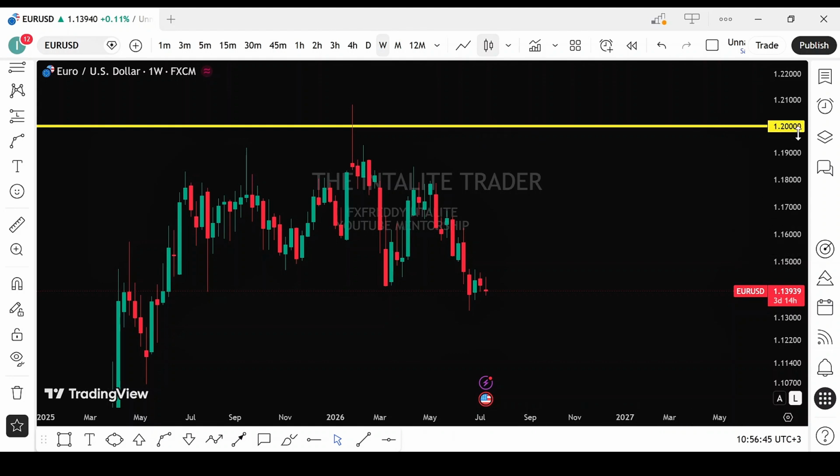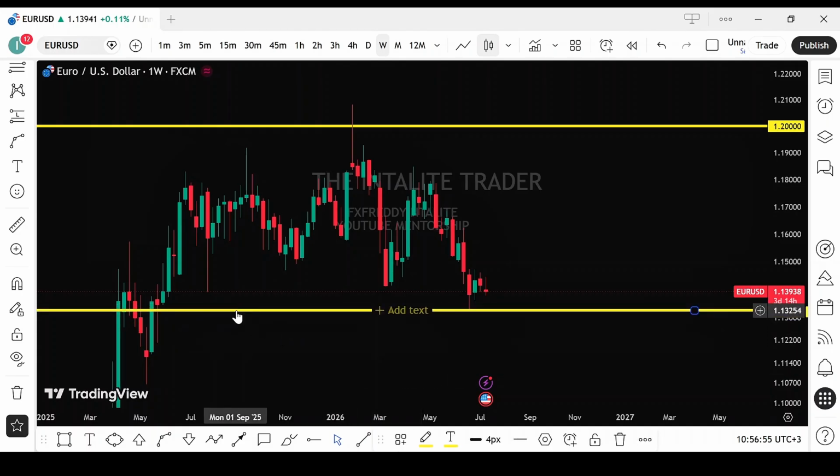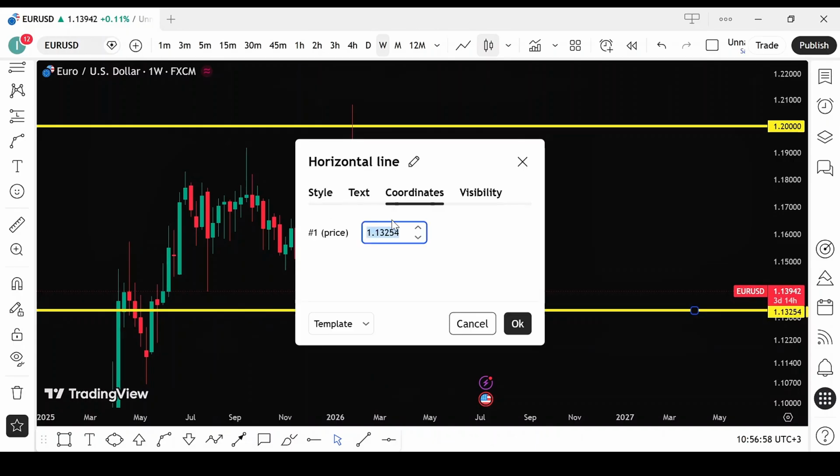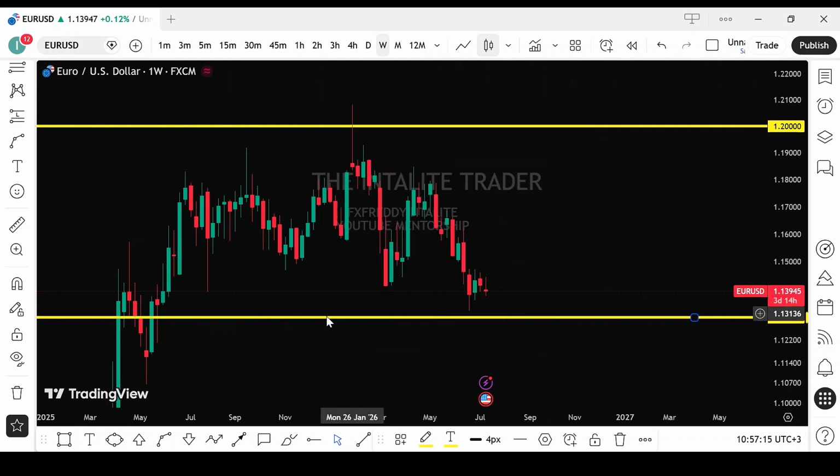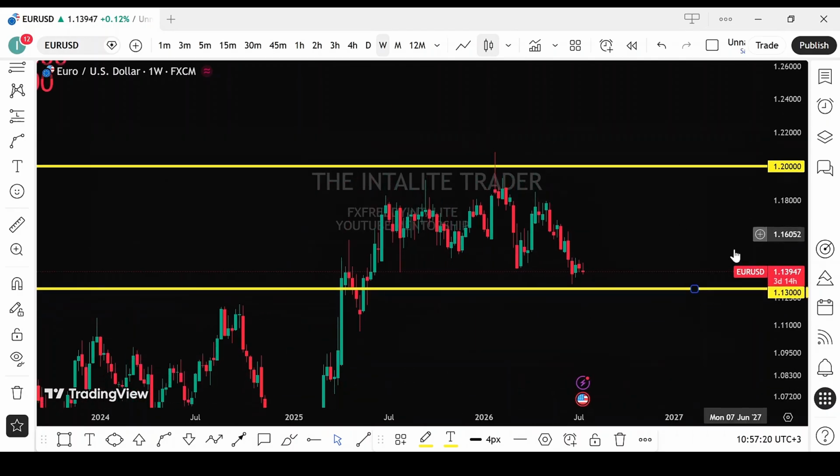So the same thing applies if price comes into this area. We mark this, the round level here is 0.13. If we mark 0.1300, we shall have here. So we wait for price to come into this level and see what the market is going to do.